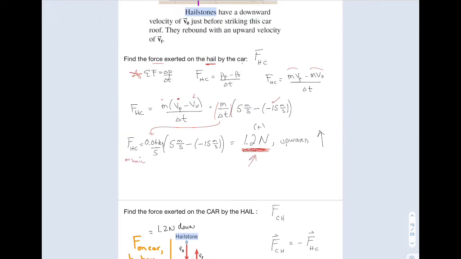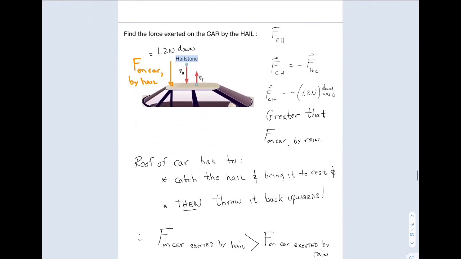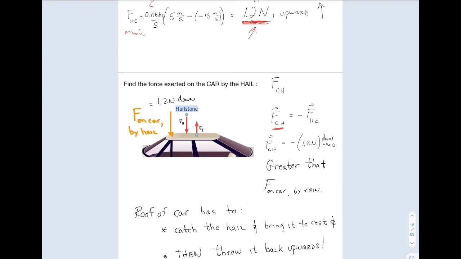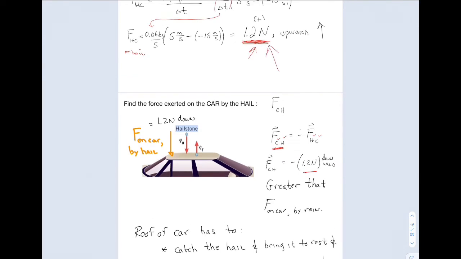This is the force exerted on the hail by the car. We want the force exerted on the car by the hail. Well, that's just equal to minus the force exerted on the hail by the car. This we already have. That's my 1.2 newtons.